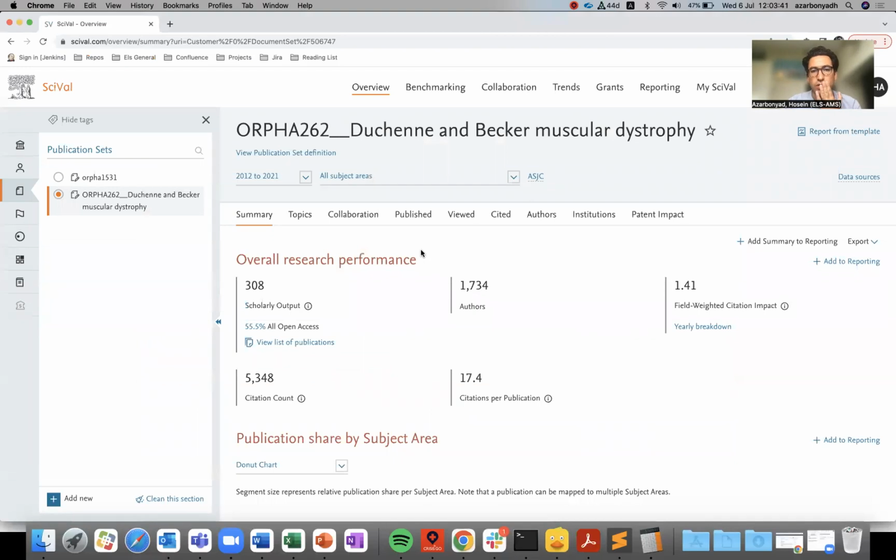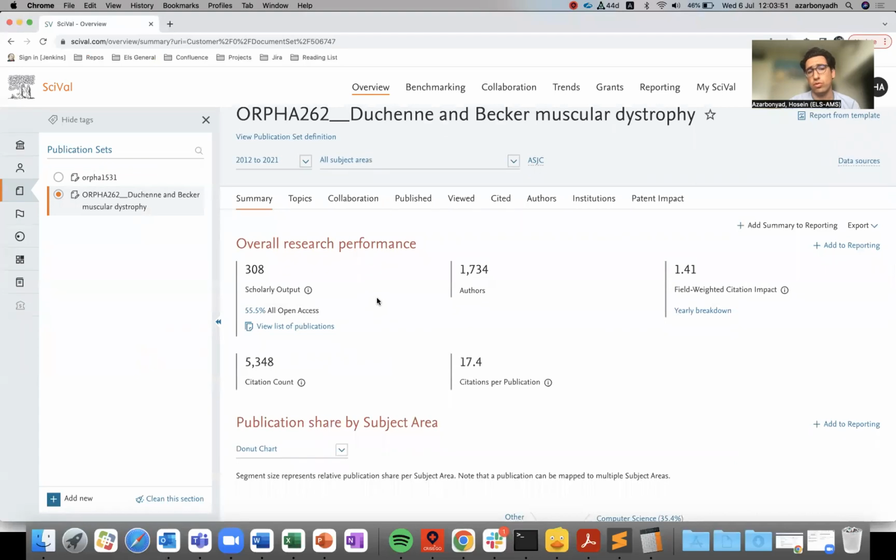Here you see a dashboard we built for a particular disease, Duchenne and Becker muscular dystrophy. What you can see is the number of outputs, or publications, around this rare disease: exactly 308 publications in the past 10 years, 1.7 thousand authors, and different kinds of metrics.